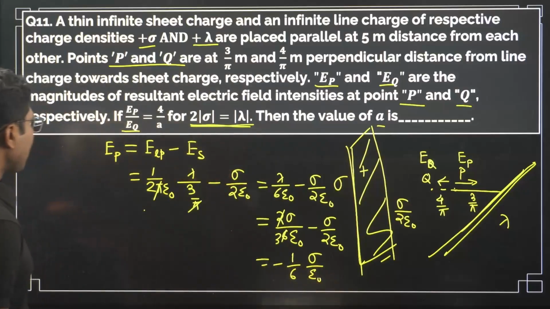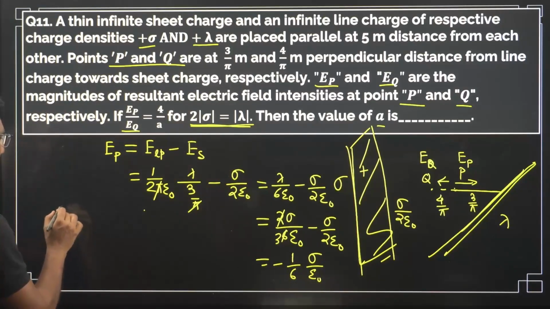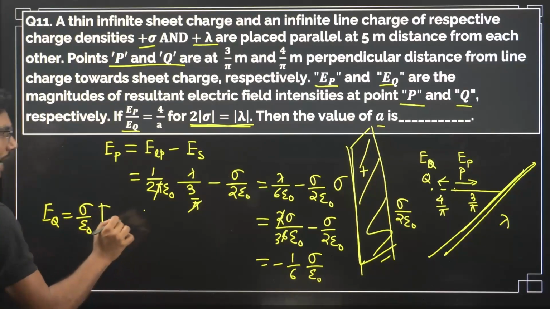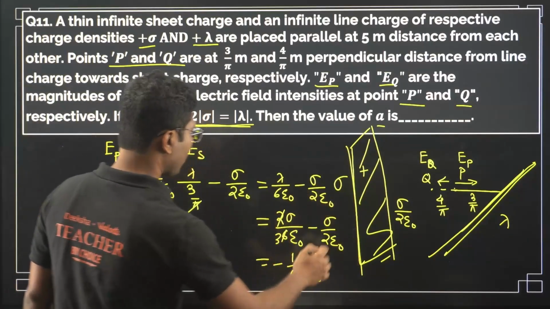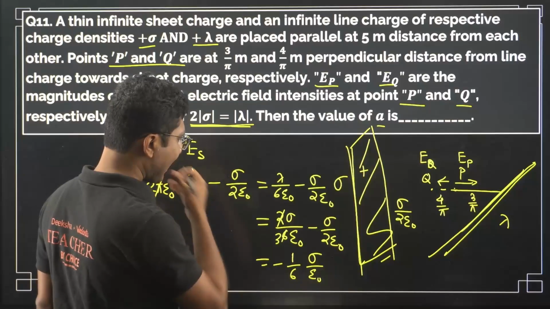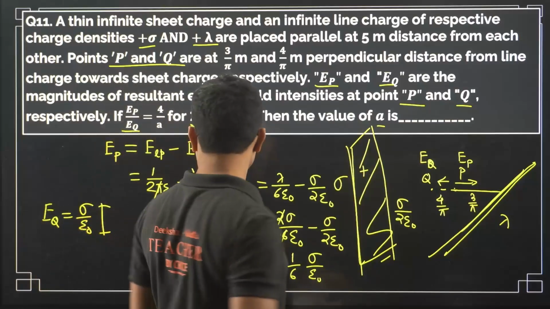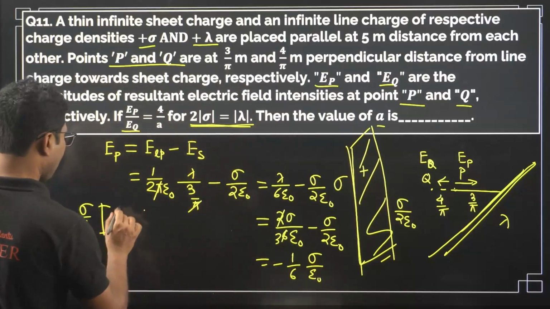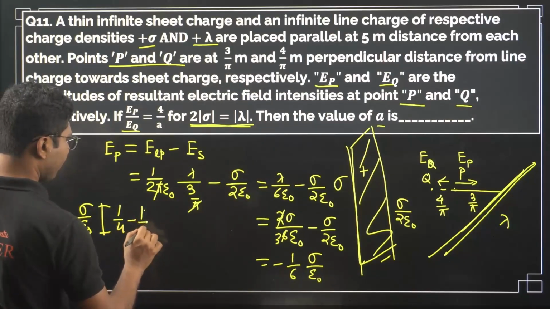Now we have to calculate the same thing for EQ as well. Sigma by epsilon naught will obviously be common, and we just need to write this step. So here it will be sigma by 2 cancel, sigma by 4, so it will be 1 by 4 minus half.